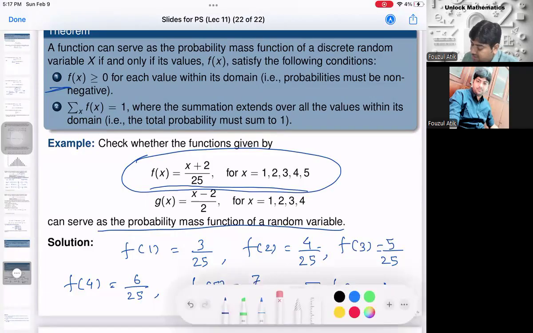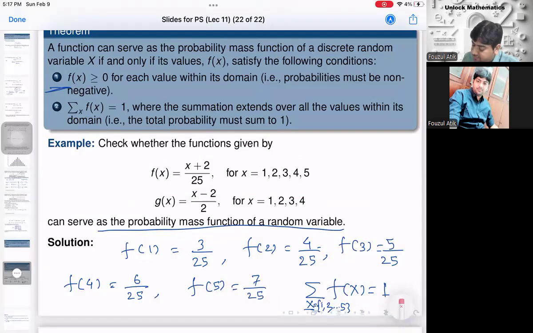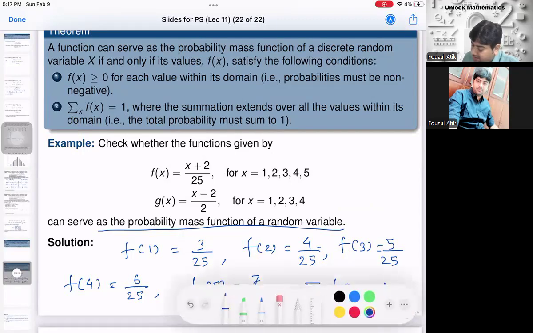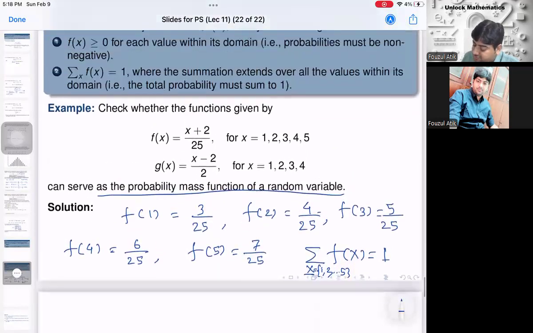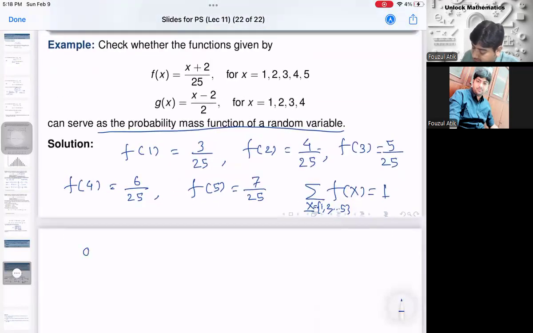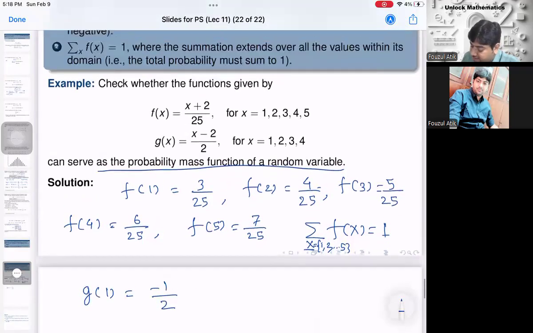Similarly, think about the next example. Now the next example says g(x) equal to (x minus 2) by 2. Now g(1) is minus 1 by 2. So the first condition itself is not satisfied, because it is a negative quantity.